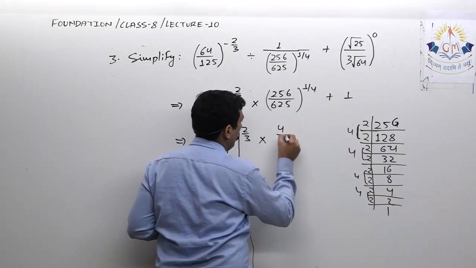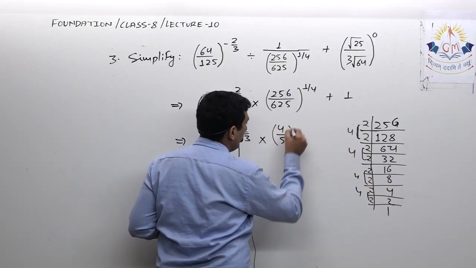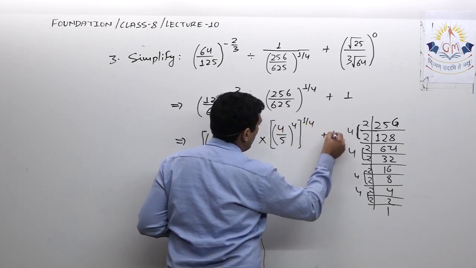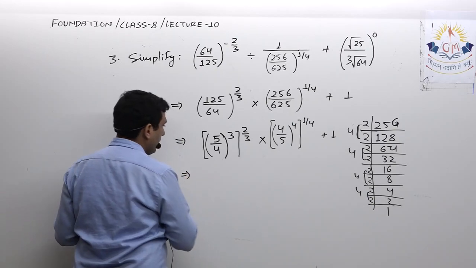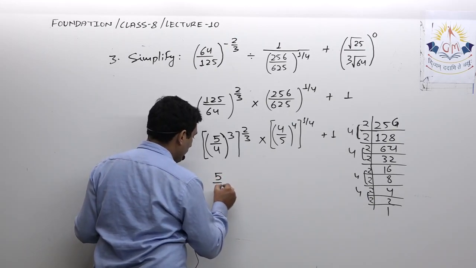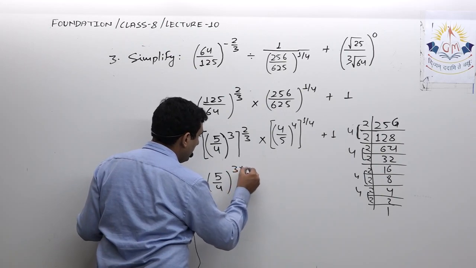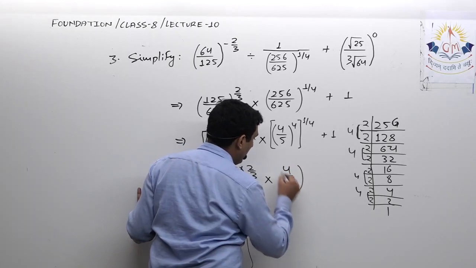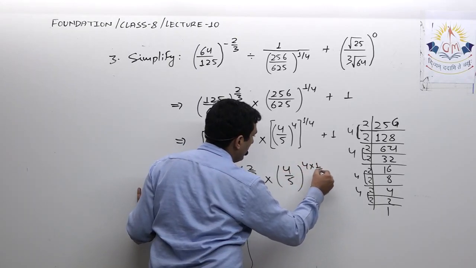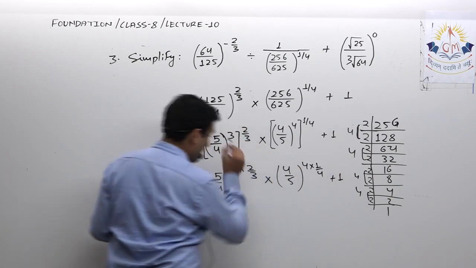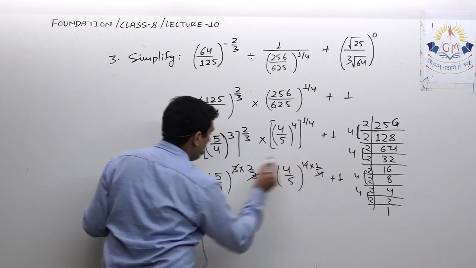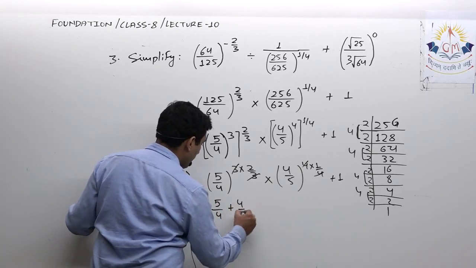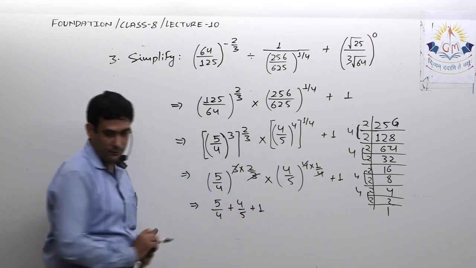So this is (4 upon 5) raised to 4, raised to 1 by 4, plus 1. Now here I apply the power law, so (5 upon 4) raised to 3 multiplied by 2 by 3, into (4 upon 5) raised to 4 multiplied by 1 upon 4, plus 1. This 3 and 3 cancel, 4 and 4 cancel. So here I have 5 upon 4 plus 4 upon 5 plus 1.